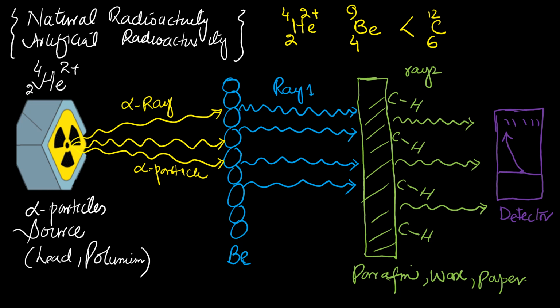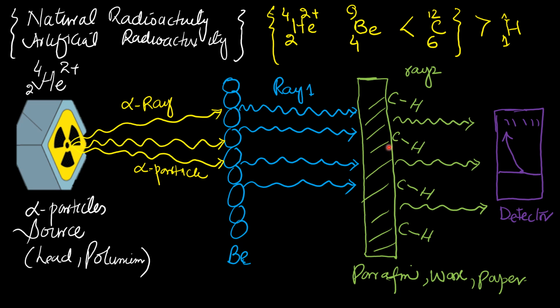This means that only the hydrogen atom has less mass as compared to carbon, beryllium, and helium. So these hydrogen atoms, in the form of ions, will be released from paraffin wax, and they will be detected by the detector.